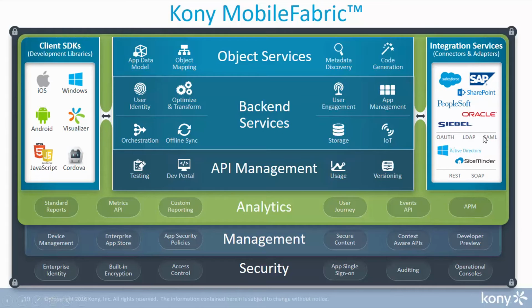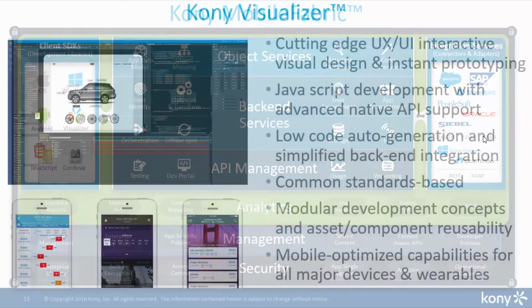So really, the middleware layer, Mobile Fabric, provides the capability to transform data from a number of back-end data sources and synchronize that data really effectively onto the device.